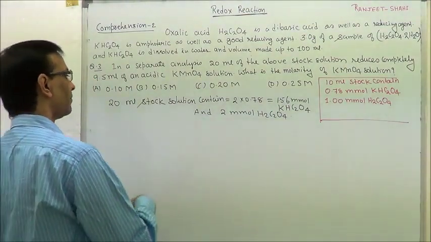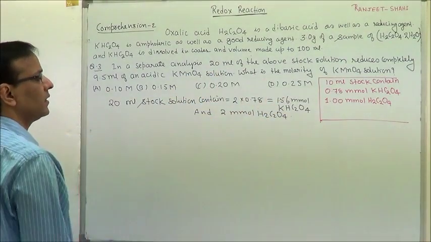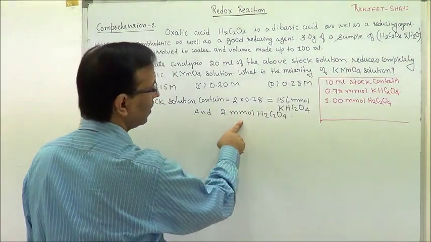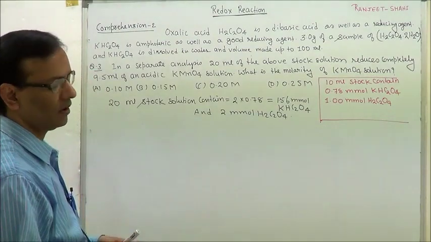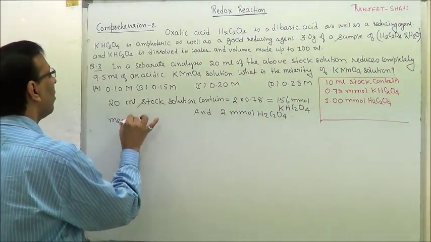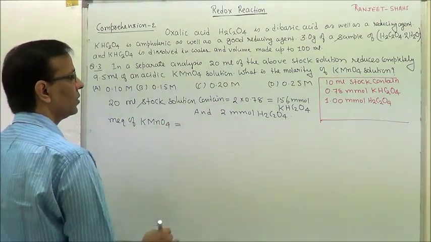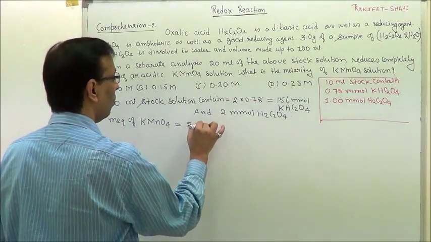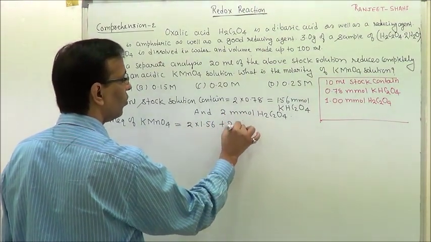Once again, this stock solution is being titrated with acidic permanganate. So the sum of the milliequivalent of oxalic acid and potassium hydrogen oxalate will be equal to the milliequivalent of potassium permanganate. So milliequivalent of KMnO4 will be equal to milliequivalent of potassium hydrogen oxalate, which is 2 into 1.56, plus milliequivalent of oxalic acid, which will be 2 into 2.